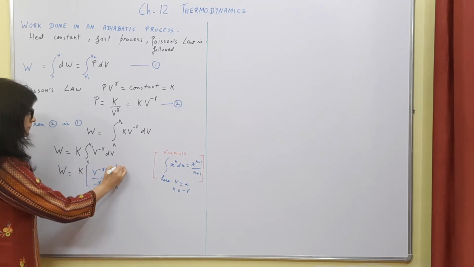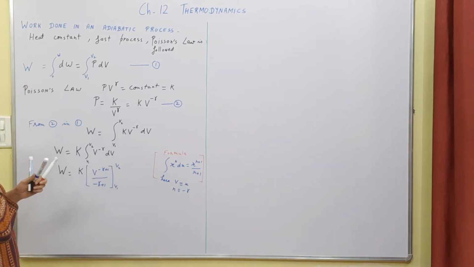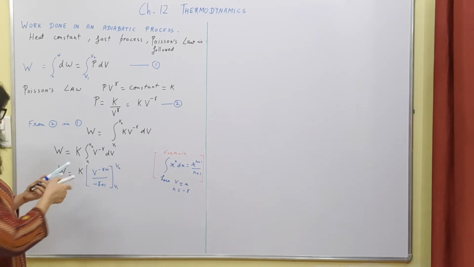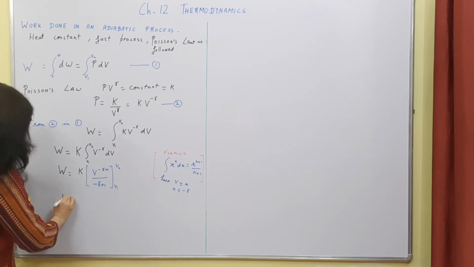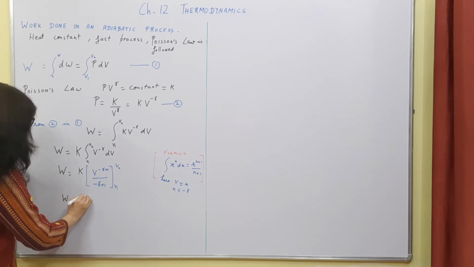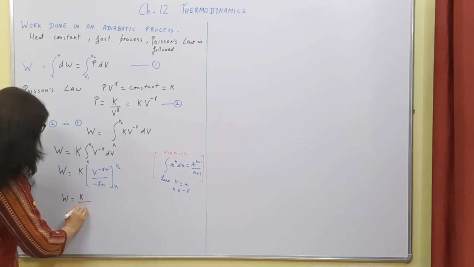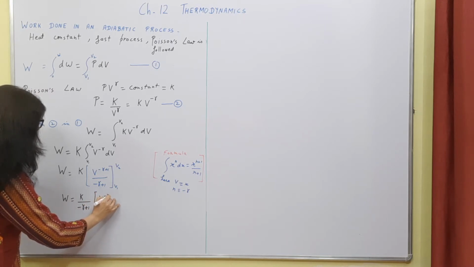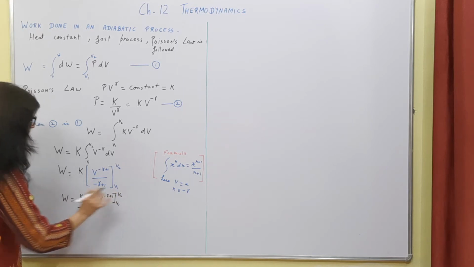Now we have to put the limits. To put the limits, we place the upper limit and then subtract by placing the lower limit. So W is equal to K. Let's take the factor 1 upon minus gamma plus 1 outside because it is a constant. This seems to be simple now, right?